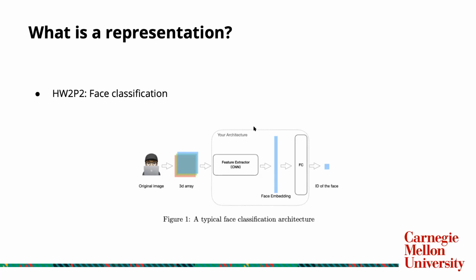And so in this case, your feature extractor, instead of an MLP, was a convolutional neural network that helped you learn a better representation of this face. And what you may already be seeing is that the domain that you're working with or the problem that you have at hand dictates what sort of architecture you're going to use to learn these representations.